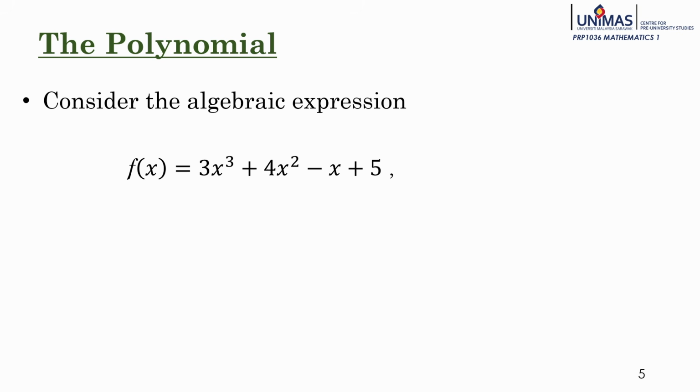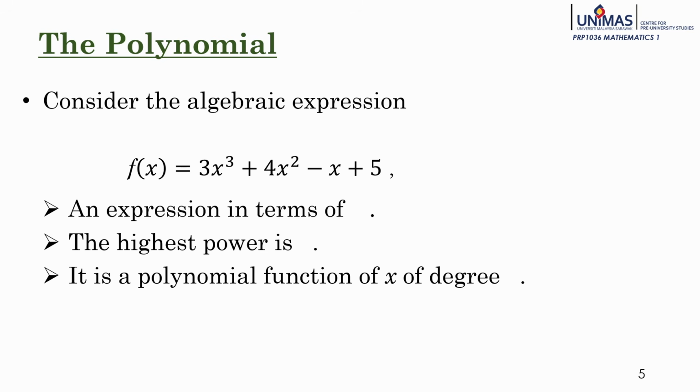So here we consider the algebraic expression f(x) equal to 3x cubed plus 4x squared minus x plus 5. It is an expression in terms of the variable x. The powers are 3, 2, 1 for x, and 0 for the constant 5.